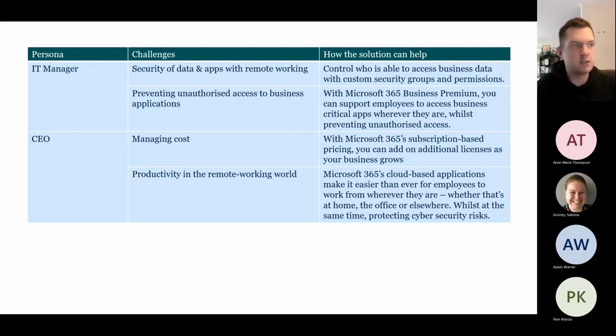And we've listed there how the solution can help. We've gone for much more of a C-suite, so the CEO, a lot more of a focus on business productivity, bottom line, what is it going to cost? How can we show that actually there's a cost benefit here, whether that's because we boost productivity, we need less workers because we can do things more streamlined, and just focus on whatever our persona work has told us.